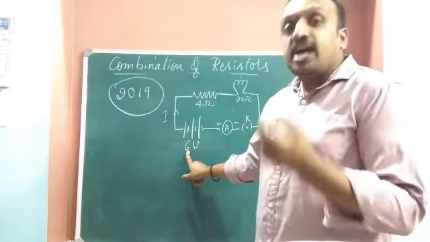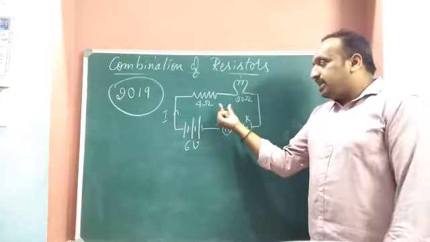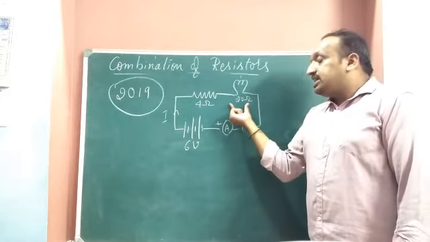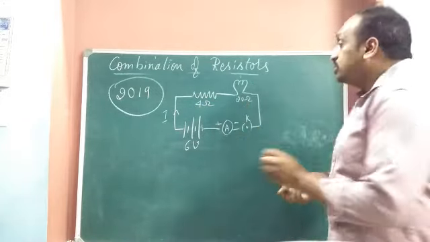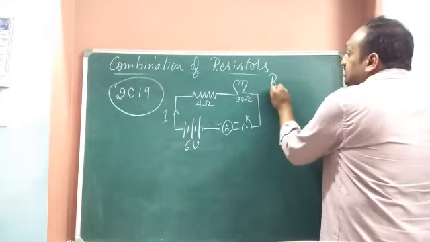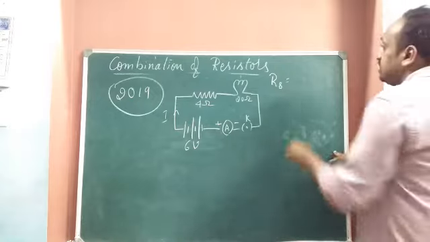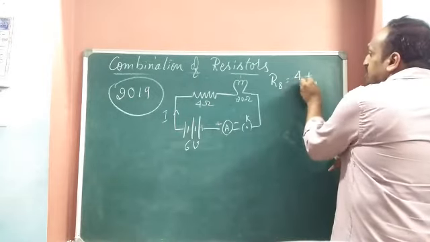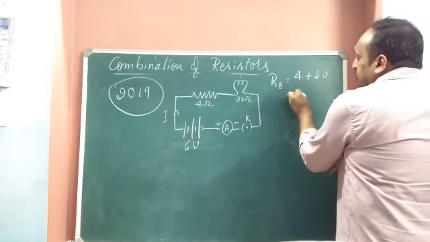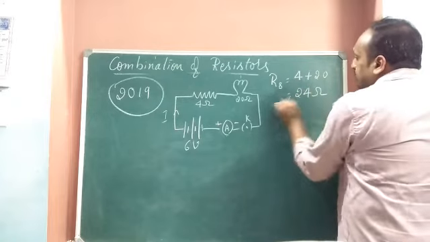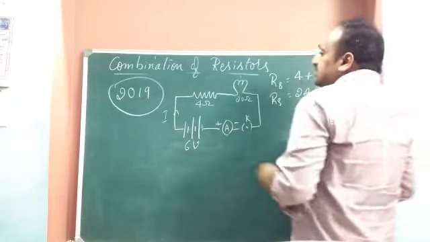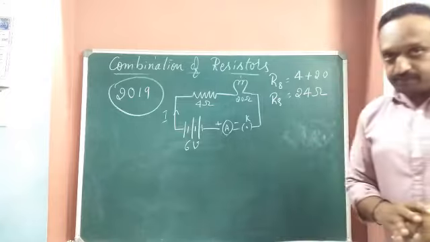See here, by looking at this diagram, it is very clear that the resistances are connected in series. So the total resistance connected in series will be equal to the sum of the resistances, that is 4 plus 20, which is equal to 24 ohm. So that is the total resistance in the circuit.